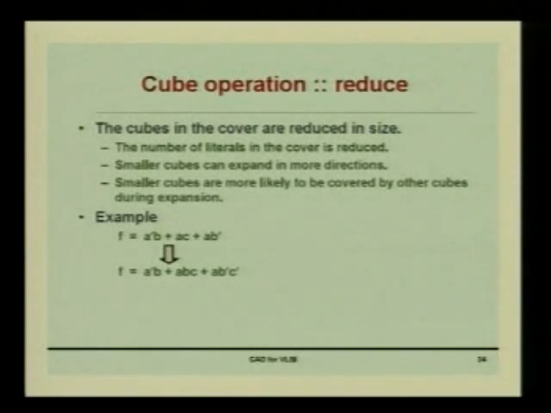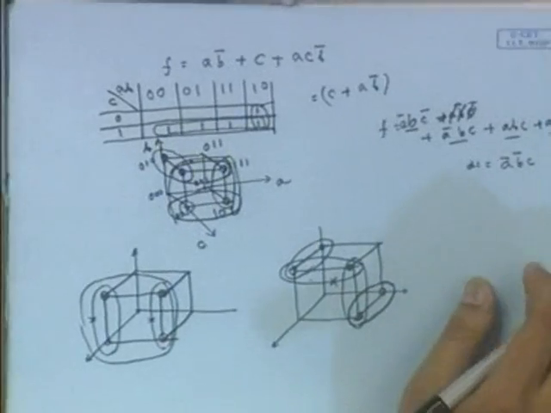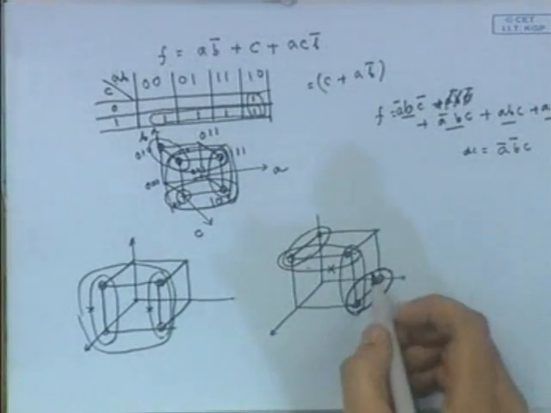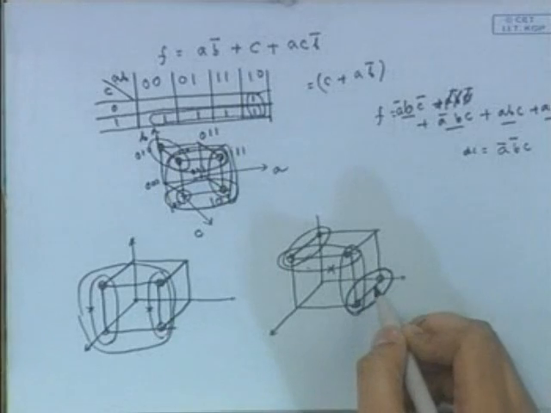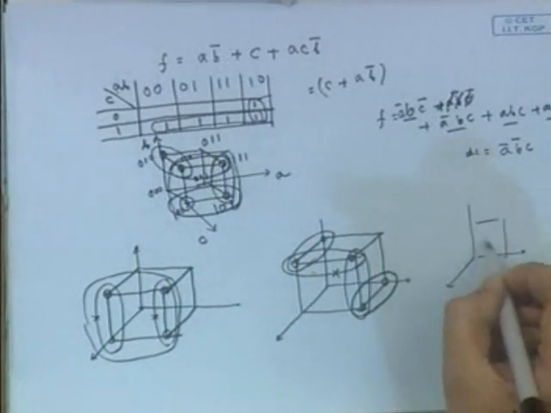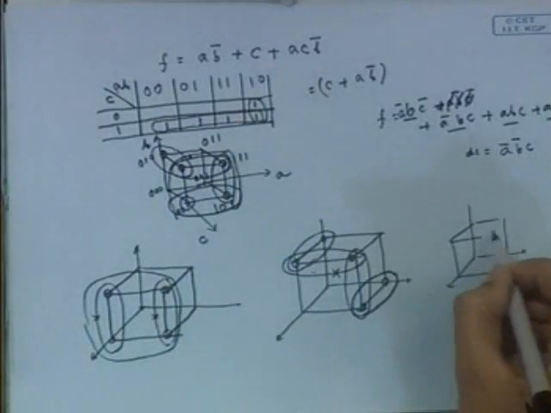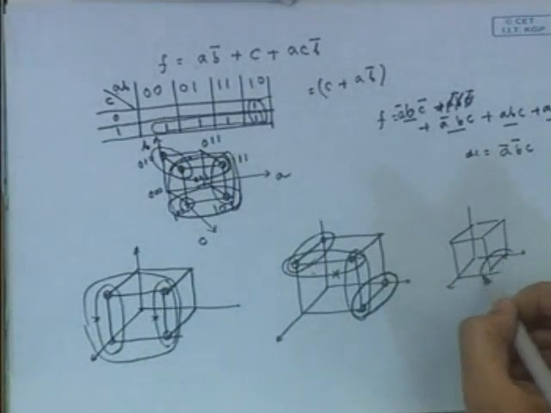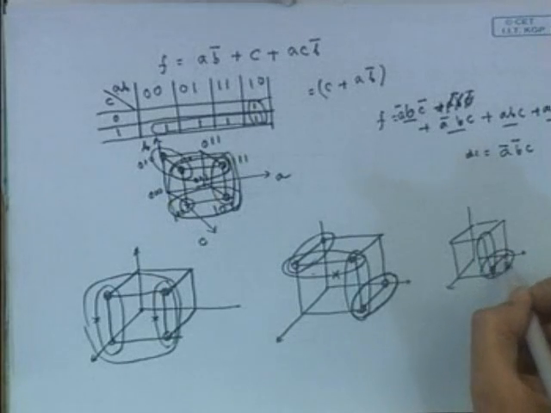Suppose after the irredundant step, you have got these 3 cubes.